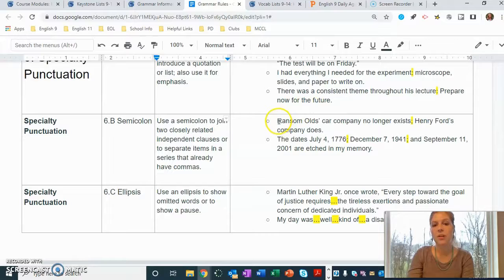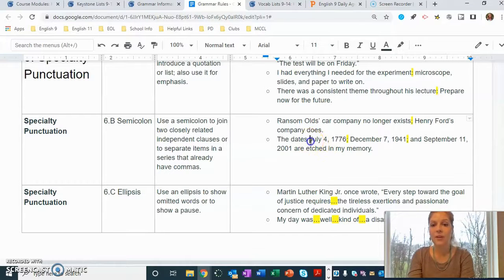So the first one, if you just want to combine 2 sentences: Ransom Olds' car company no longer exists; Henry Ford's company does. And if you want to use a conjunction there, you have to use a long conjunction, such as however, and then you would add a comma. You can't use a short conjunction there. Otherwise, you would just be doing a comma.